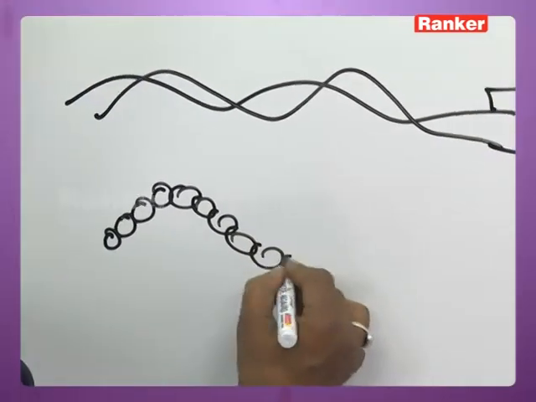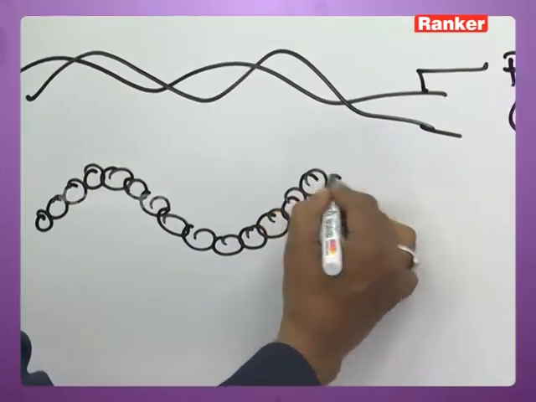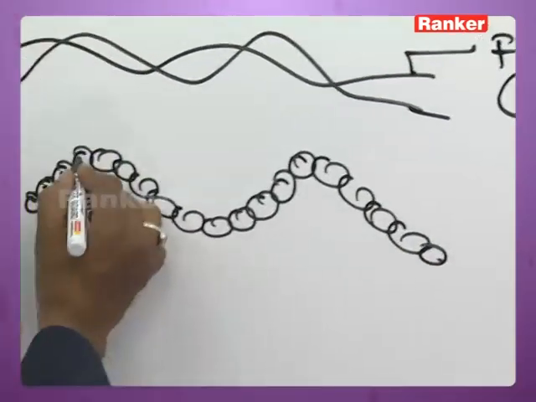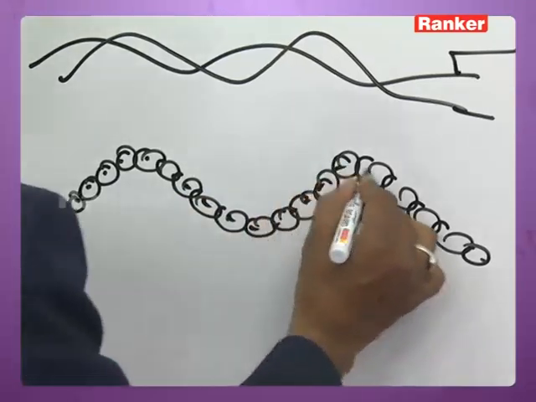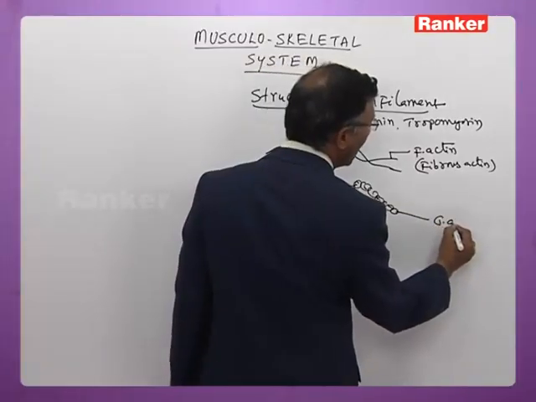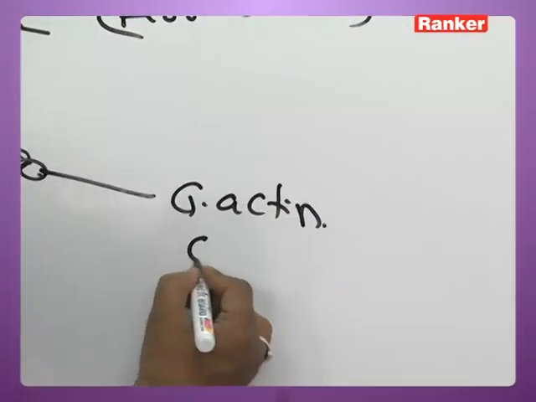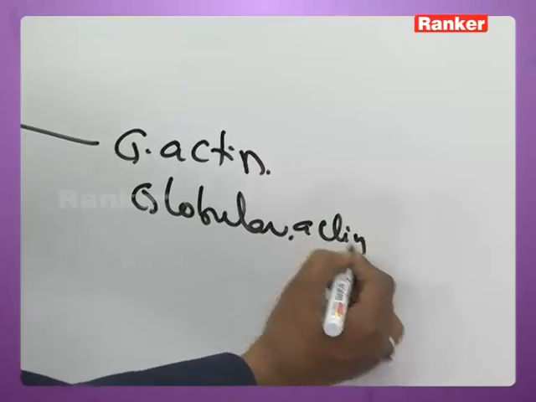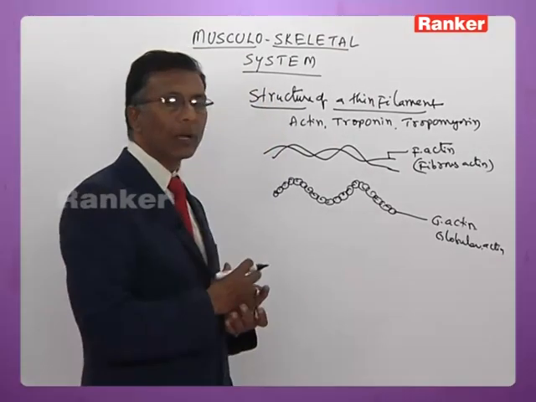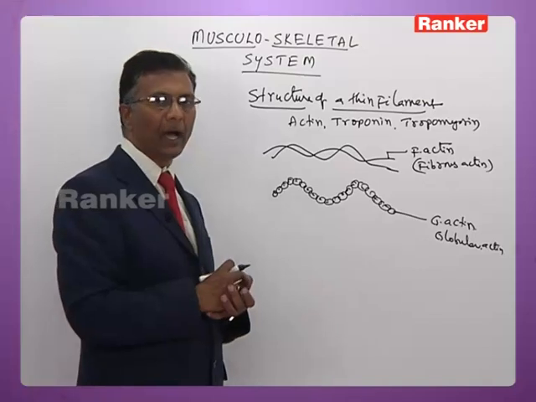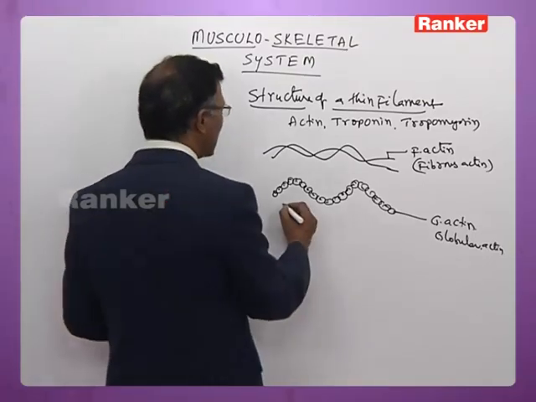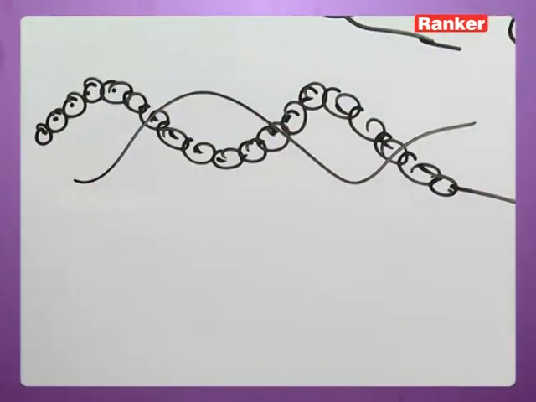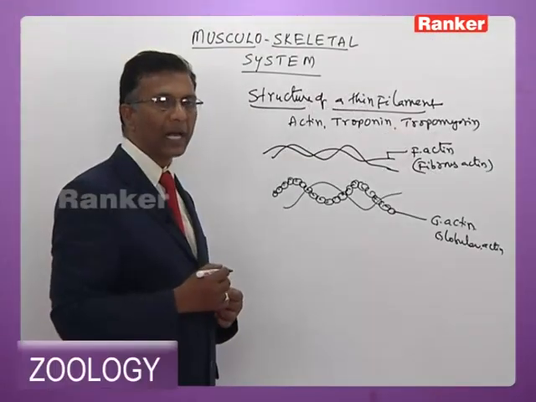These monomers which form the F-actin are called G-actin molecules. G stands for globular actin molecules. Several globular actin molecules come together to form F-actin, or fibrous actin. Like this, there are two F-actin strands, where each F-actin strand is made up of several G-actins.